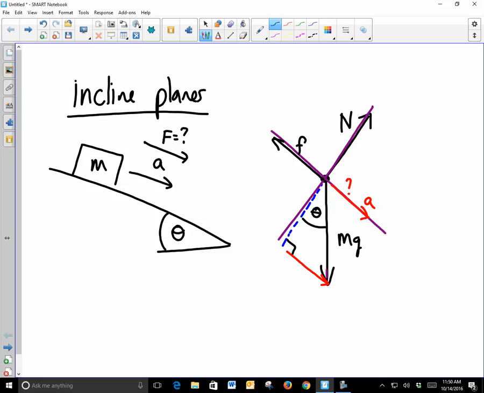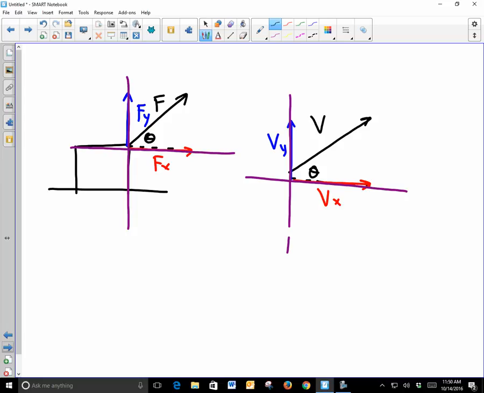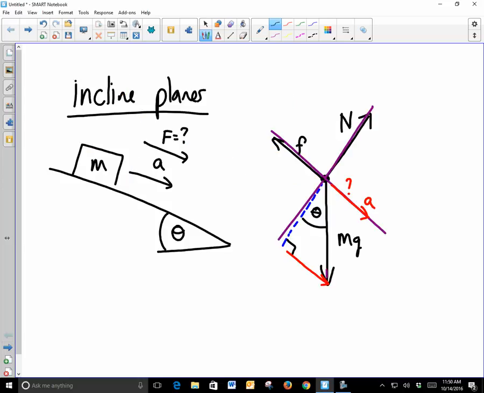Yeah, assuming we knew the angle, assuming we knew the mass. I mean, what did we do? We did F cosine theta because it's the adjacent side. And this was going to be F sine theta because it was the opposite side. So what is this side? It's the adjacent side, so sine or cosine?